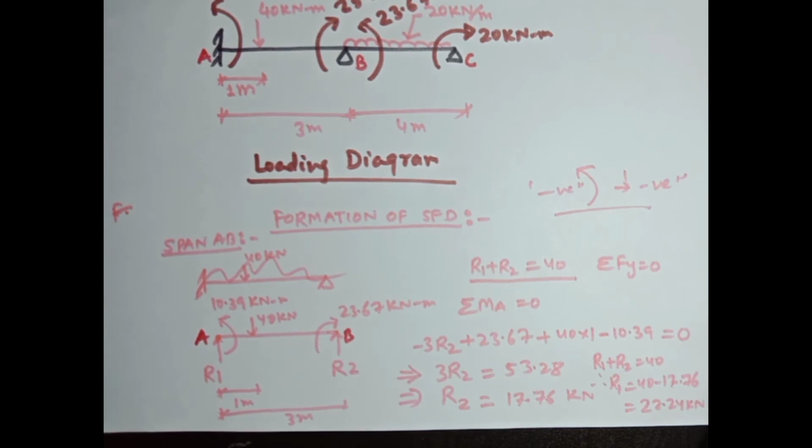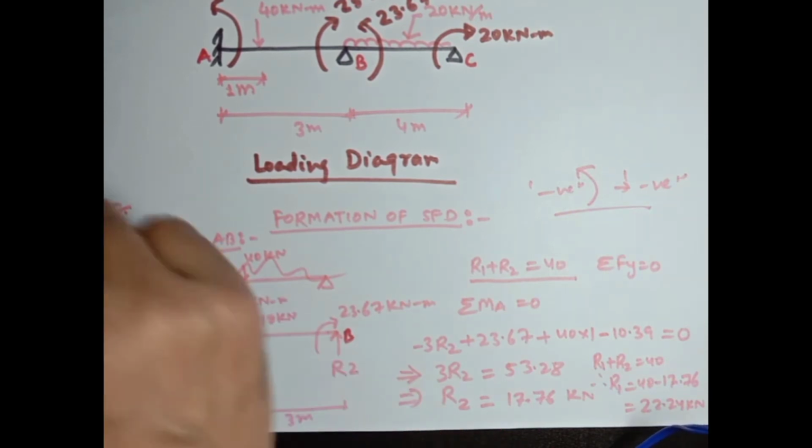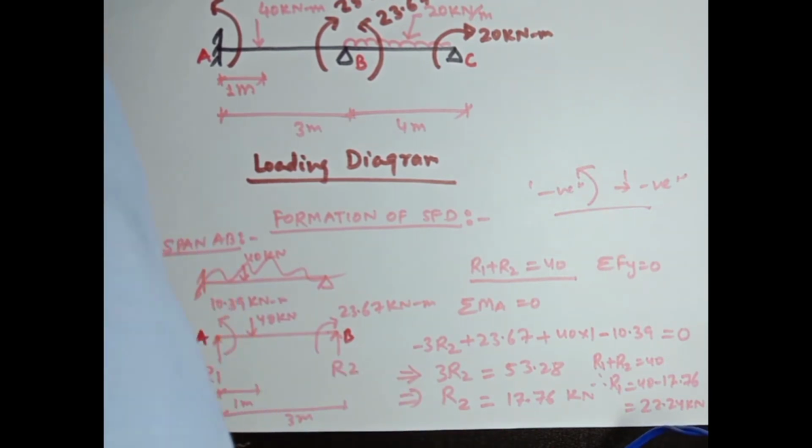Now I have calculated reactions R1 and R2 for span AB. Now we shall move to the reaction calculations for span BC, so that we will be able to draw the shear force diagram for this beam.